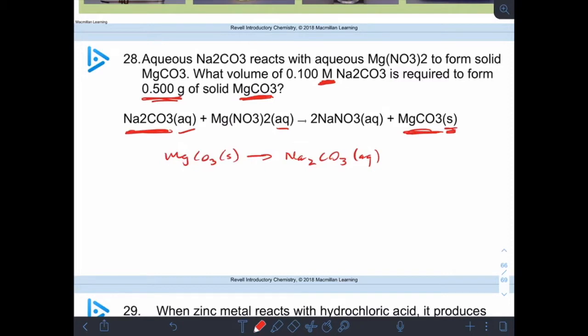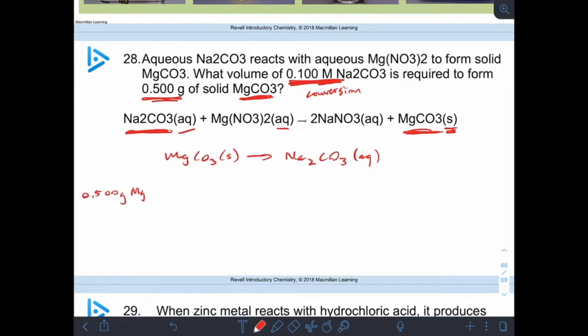Right. So first I have my given information. I want to impress upon you this molarity, that's a conversion factor, not given information. Our given information is the 0.5 grams of magnesium carbonate. So we're going to start there.